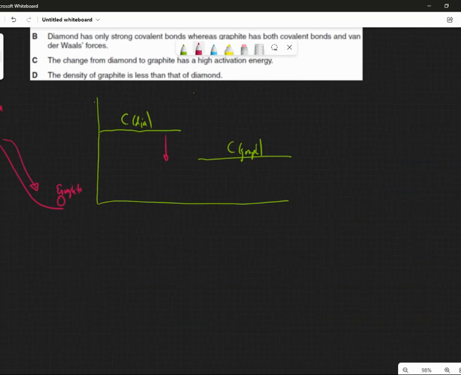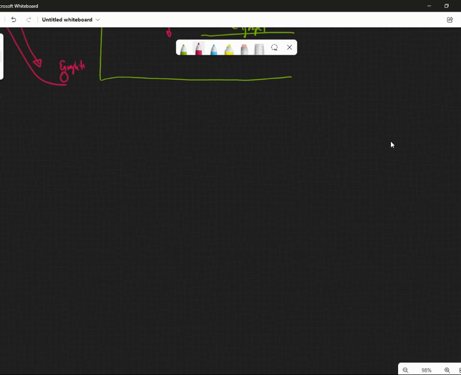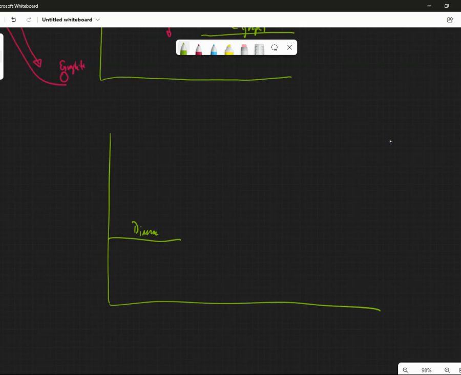What have we got to do? What does diamond have to do to change into graphite? It is C, Basali. Well done. All right, let me draw a diagram again. Now look, there's diamond and there's graphite.